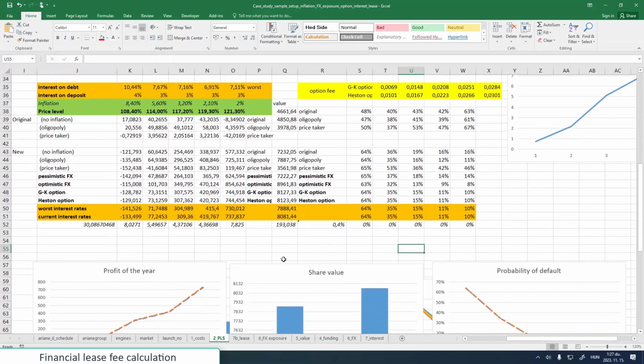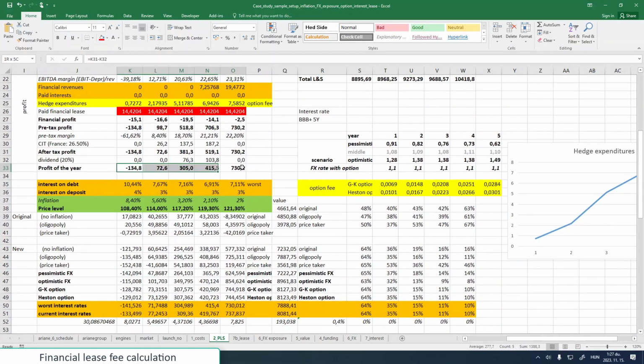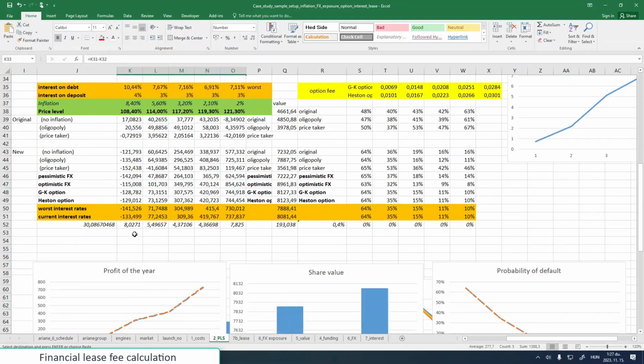So first of all, what happened with profit? Copy here, financial lease.